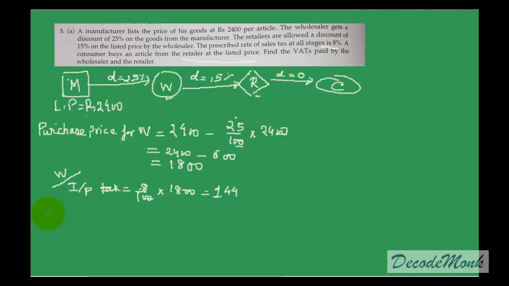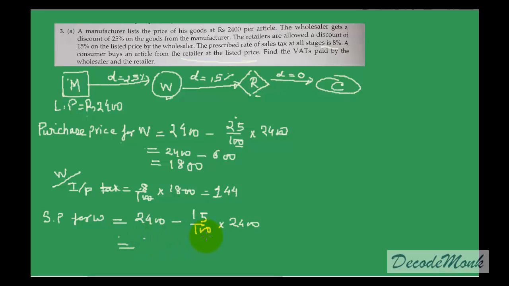Now the selling price for the wholesaler. The wholesaler sells at a discount of 15% to the retailer. So this will be 2400 minus 15 upon 100 into 2400. Why are we taking 2400? Because all calculations are based on this listed price of 2400 only.